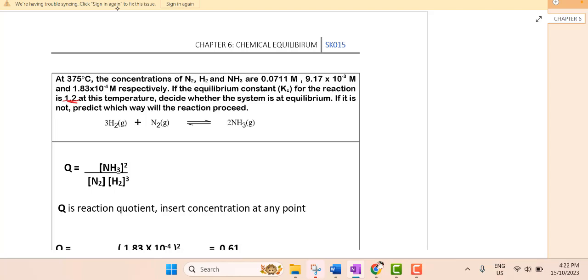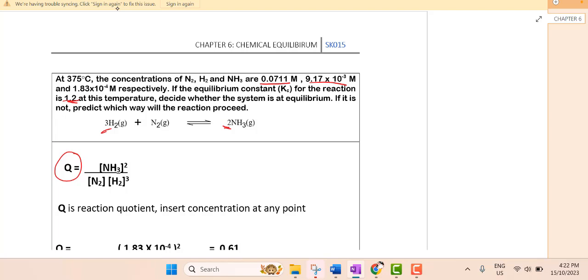If the question asks you to check whether the reaction is at equilibrium or not, definitely you need to calculate Q. Q has the same expression as K. Given Kc, now you need to calculate Qc, product over reactant, with the stoichiometric coefficients.